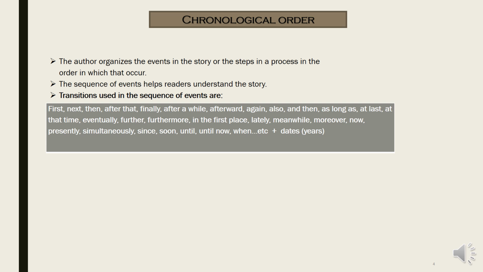In order to write the events in the correct chronological order, we use some transitional words or transitions, such as first, next, then, after that, finally, after a while, afterward, again, also, and then, as long as, at last, at that time, eventually, further, furthermore, in the first place, lately, meanwhile, moreover, now, presently, since, soon, until now, when.